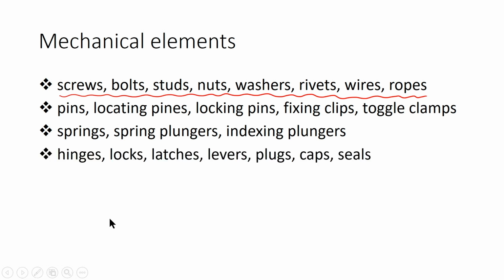The system also requires hinges, locks, latches and various levers to operate the machine tool or the automated system. For the operation of the hydraulic system, we need to have the plugs. The system also requires caps and seals to avoid leakage of the liquid.